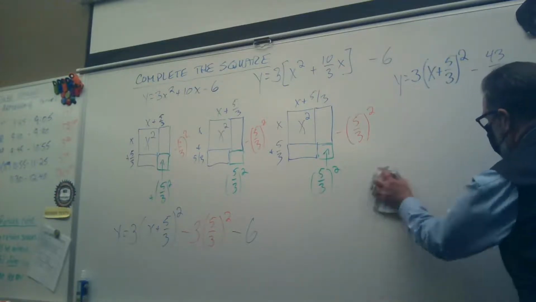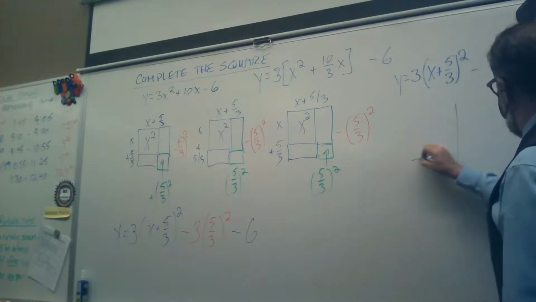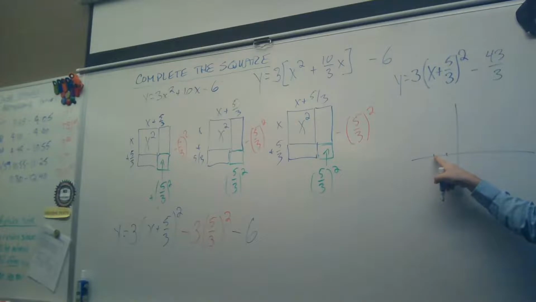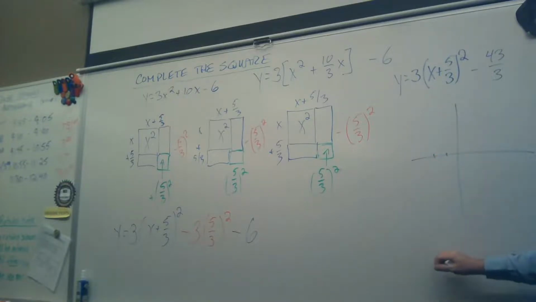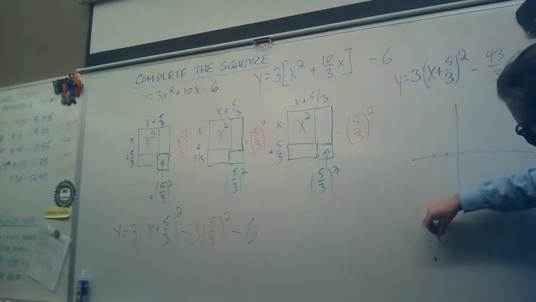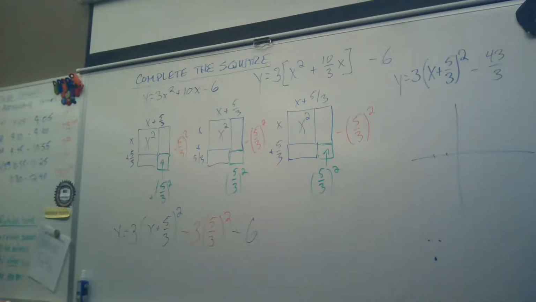So what do I now know? I know that my vertex is at -5/3, which is right there, -43/3, which is down here somewhere. And when I do my quick graph, instead of going up 1, I go up how much? 3. Because I'm stretching this. So I go up faster. And instead of going up 4, I go up how much?